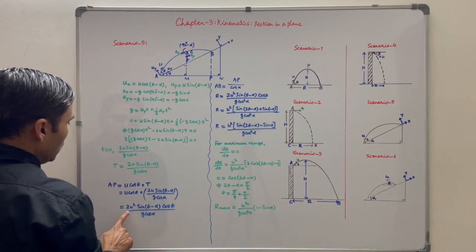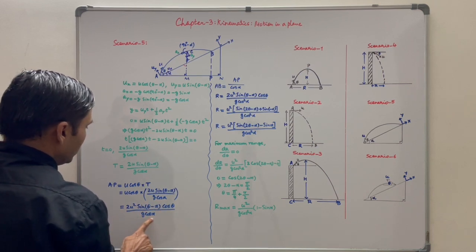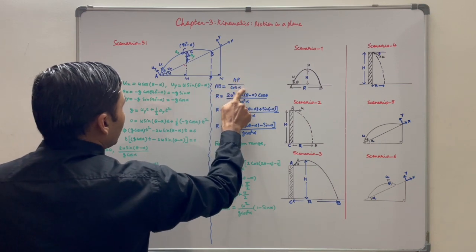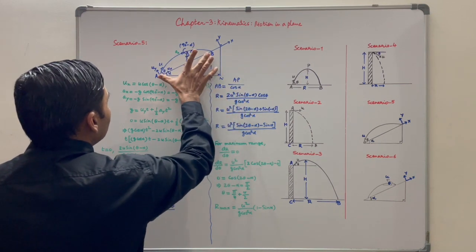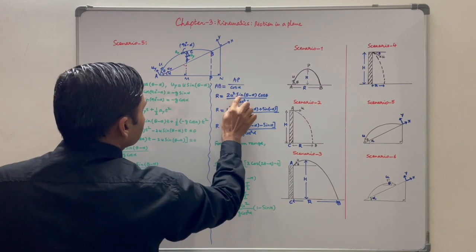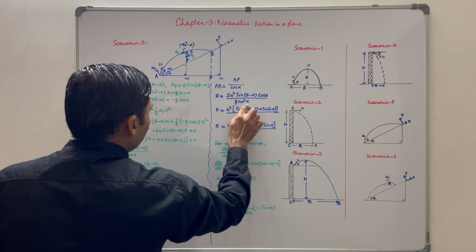That will be equal to 2u square sin (theta minus alpha) cos theta upon g cos alpha. So AB is equal to AP upon cos alpha. AB is equal to range R. So R is equal to 2u square sin (theta minus alpha) cos theta upon g cos square alpha.